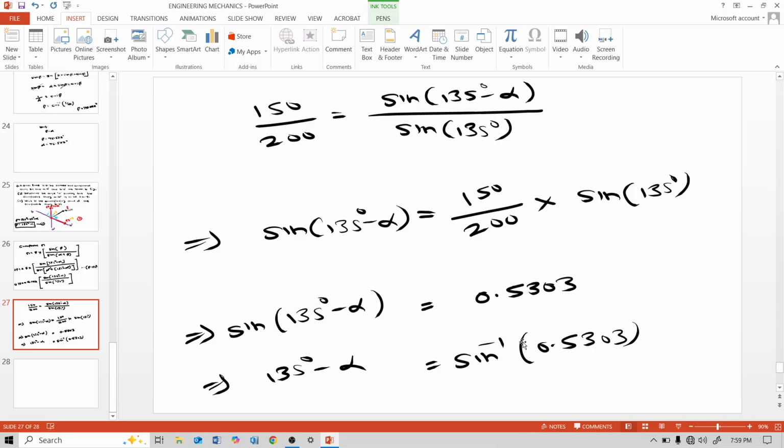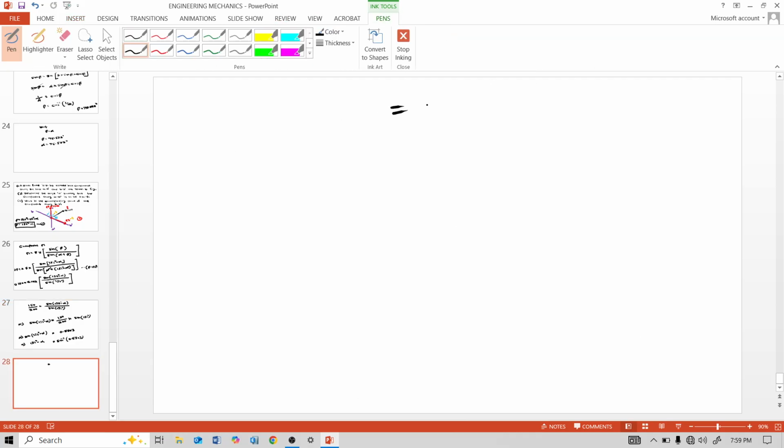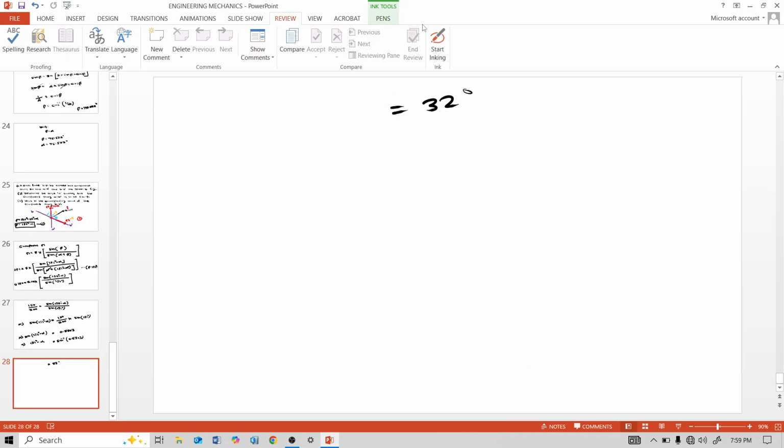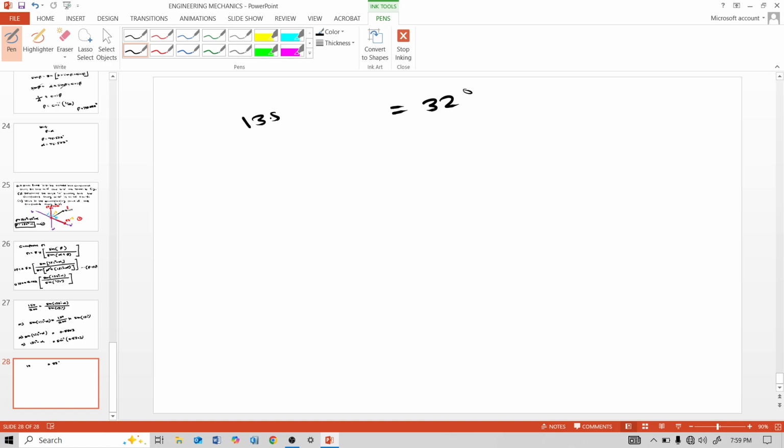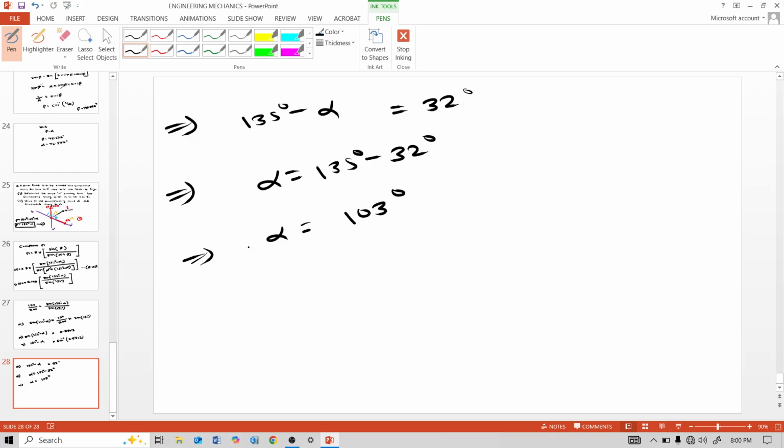Sine inverse of 0.5303 is 32 degree, equal to 135 degree minus alpha. So alpha is equal to 135 degree minus 32 degree. Solving it mathematically, 135 degree minus 32 degree is 103 degree. So this is alpha.